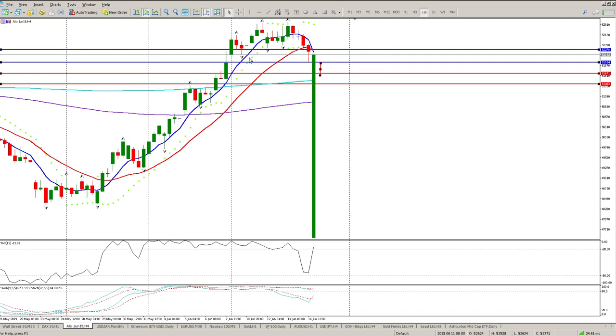This is just a consolidation and may just form a bit of a consolidation wedge with a deeper pullback, and that's an opportunity to get long.